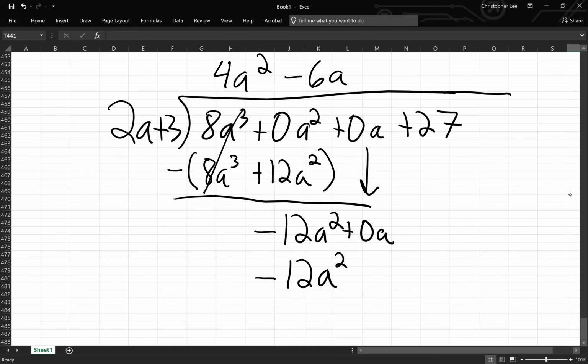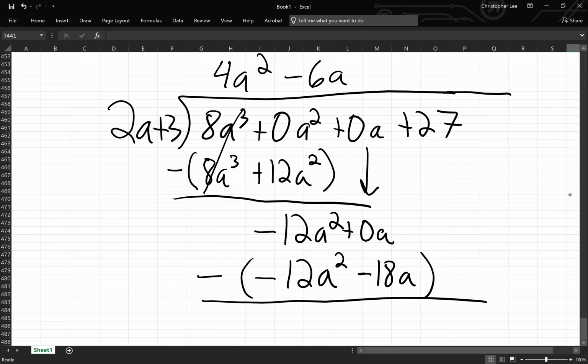And negative 6a times 3 is negative 18a. Put this in parentheses again, subtract. So negative 12a squared minus negative 12a squared cancels out.